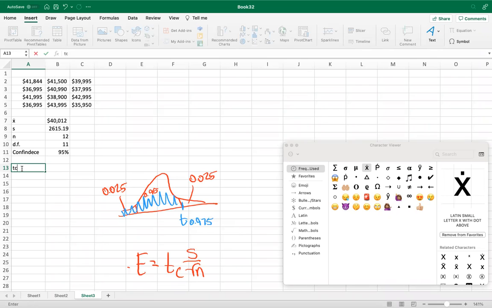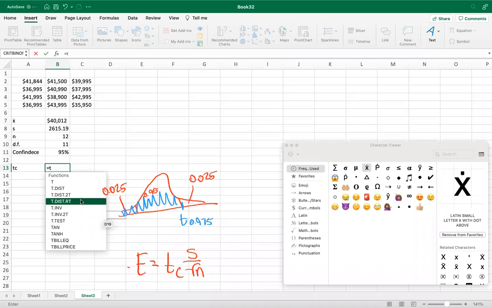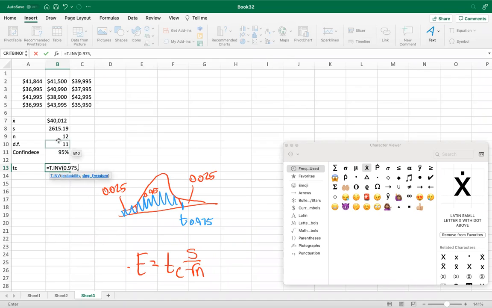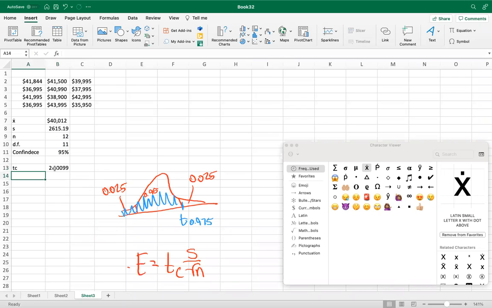So our t value is going to be equal to t distribution, or t inverse. Do we need an area or do we have an area? In this case, we have an area that we need the associated z-score or t-score for. Here, the probability is going to be 0.975, and degrees of freedom, perfect. We already have our degrees of freedom right here. And now we have our t value.